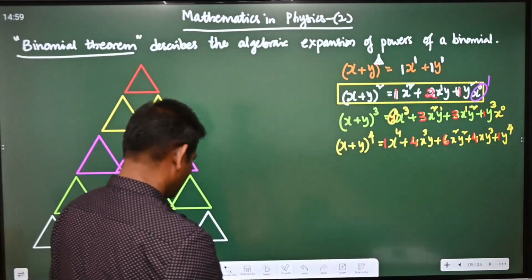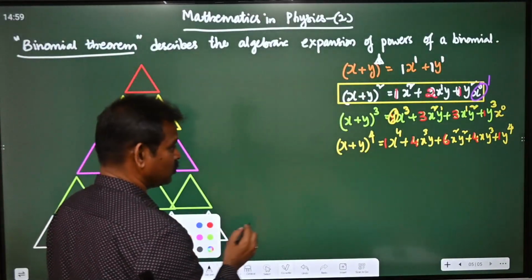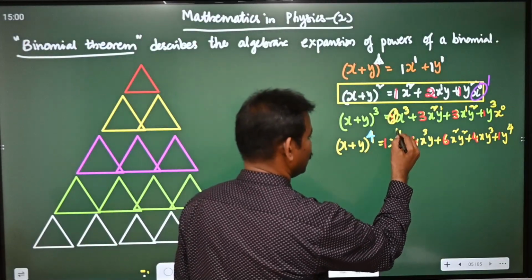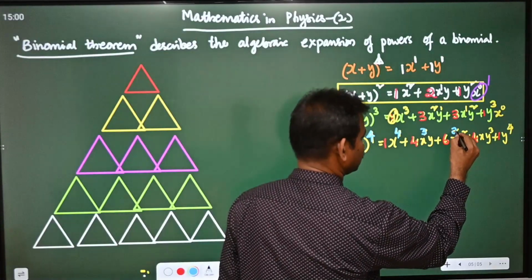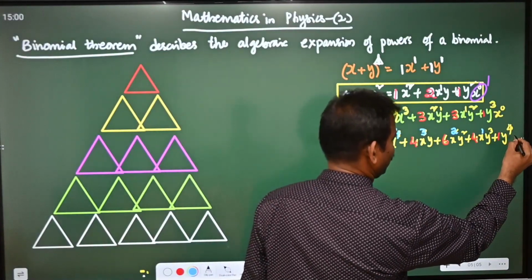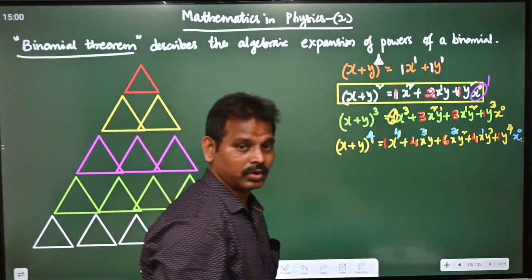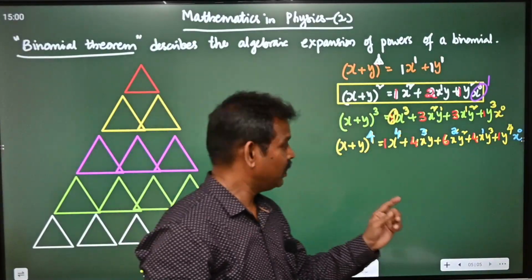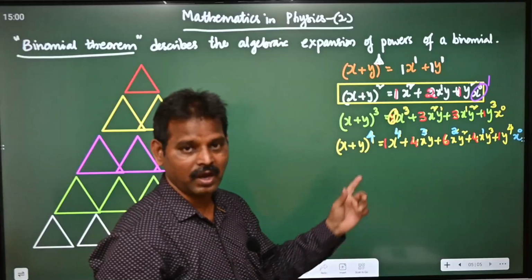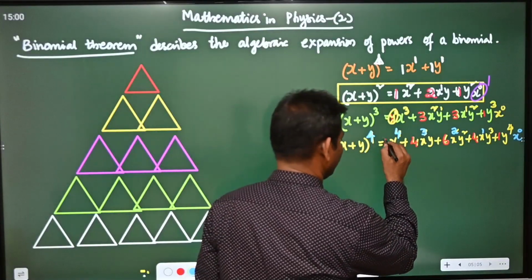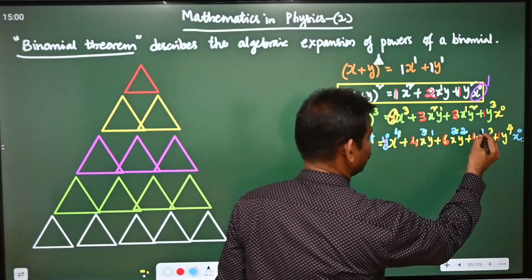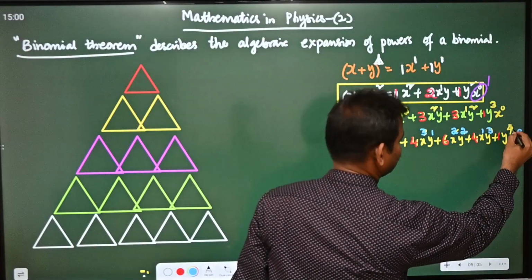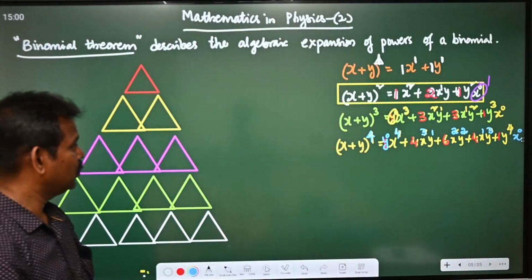Now, in the next one, we have x power 4, then x power 3, then x power 2, then x power 1, then x power 0. So the x power is decreasing gradually. At the same time, what happens to the y power? Here we have y power 0, y power 1, y power 2, y power 3, and the fourth one is y power 4.